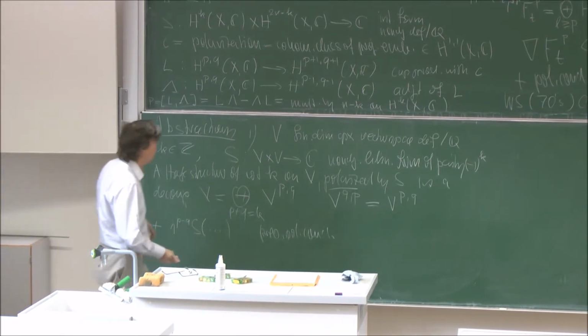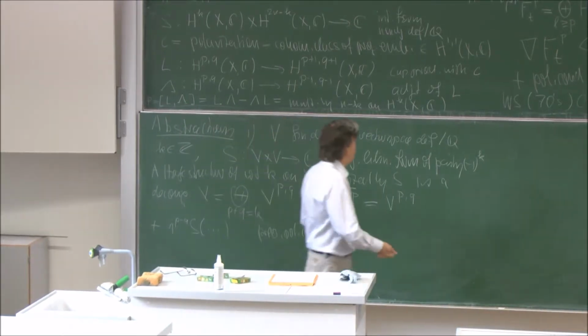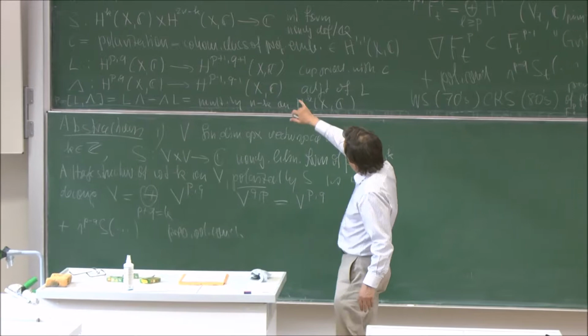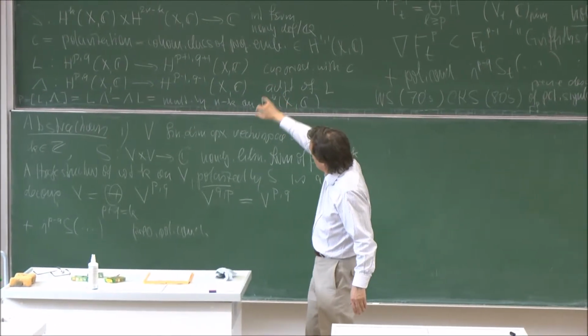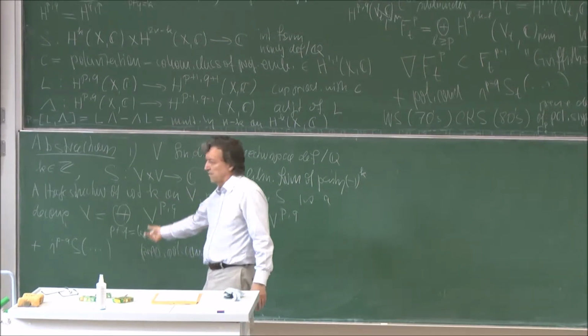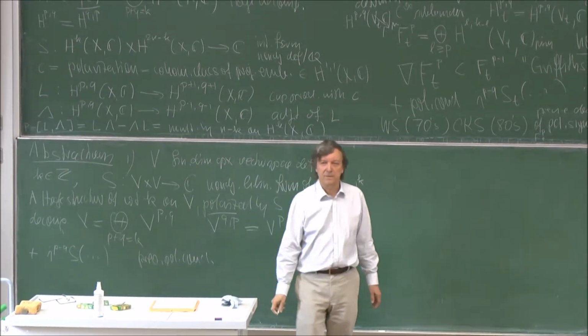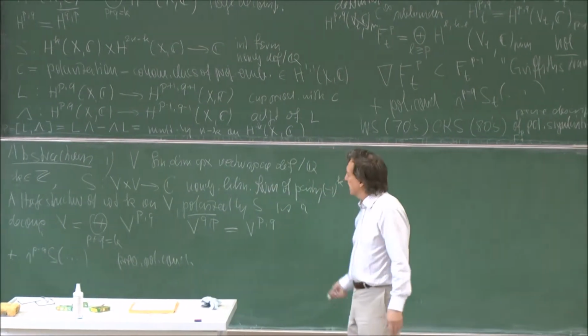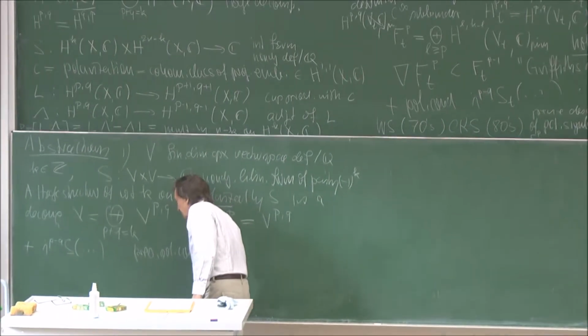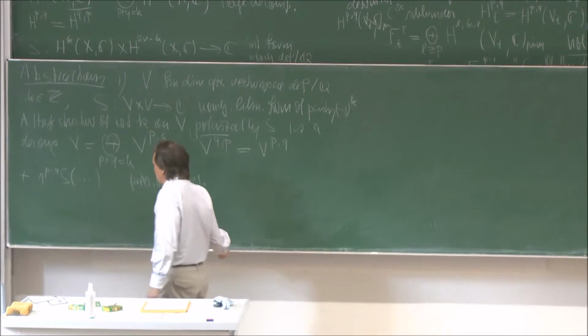So this is an abstract polarized Hodge structure. Now, in the geometric case, p and q are not negative. Here k can be negative, and then of course p and q can be negative as well. But that is the definition of an abstract polarized Hodge structure.